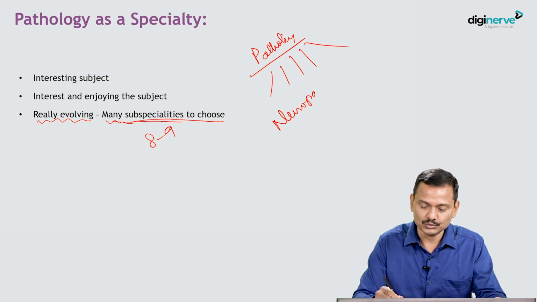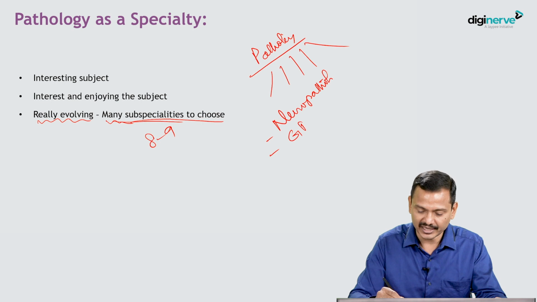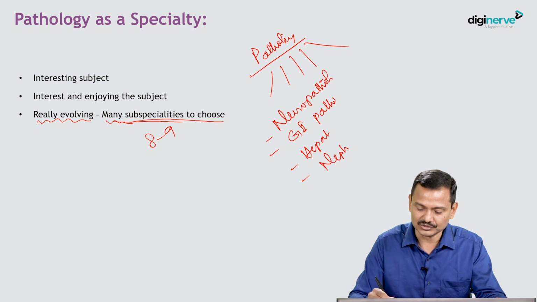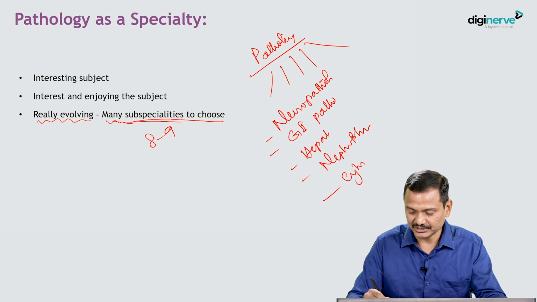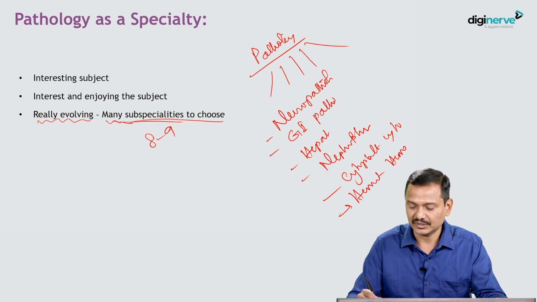We have neuropathologists, who look after brain and nerves; gastrointestinal pathologists; hepatobiliary pathologists; nephropathologists, who look after kidney; cytopathologists, who do only cytology; and hematopathologists, who do only hematology. So if you are interested in any of these subspecialties, you can always think of taking pathology as a subject.